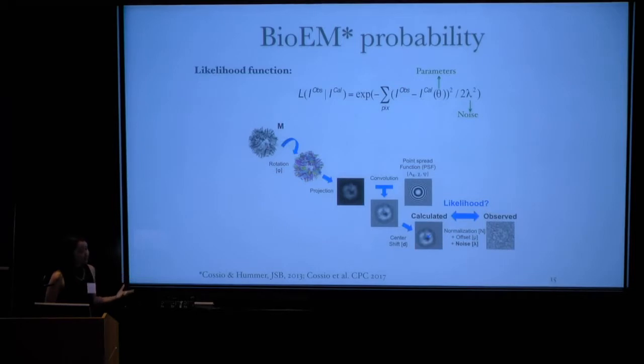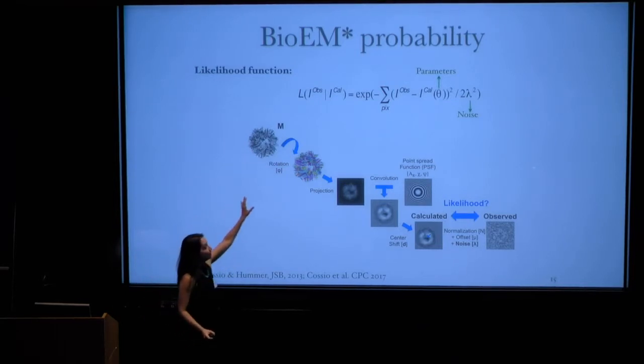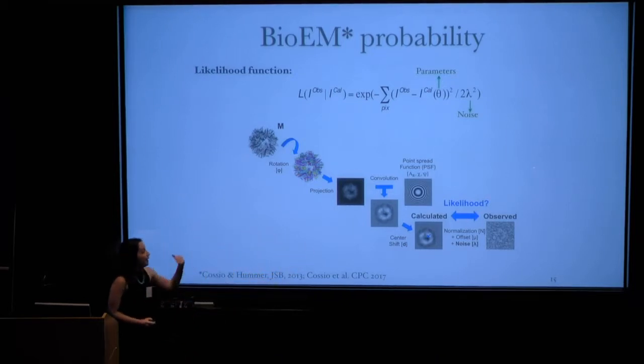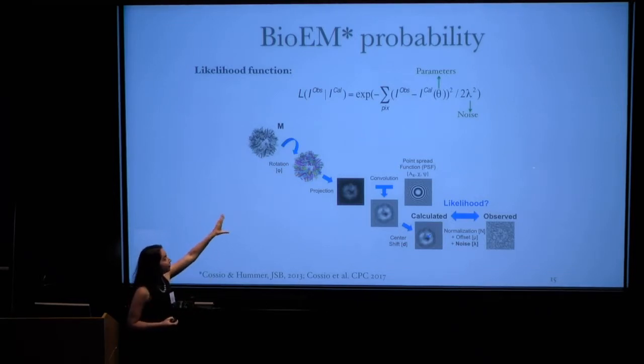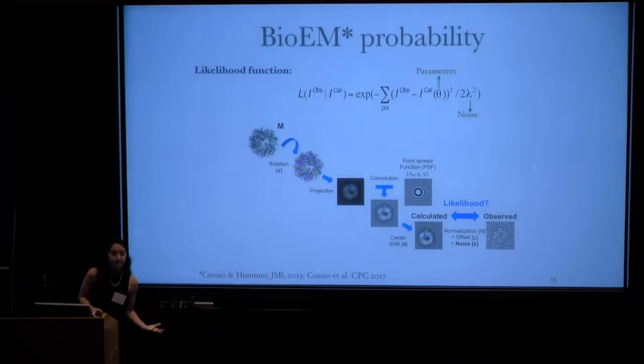And so the likelihood function, it's basically a forward calculation where you start from your map, your three-dimensional structure, and then you have all these parameters that generated a calculated image from your map. And what we do is we assume Gaussian noise, or we have a very simple model of the noise, and it's the exponential of the cross correlation between the calculated image from your map and the observed particle image.